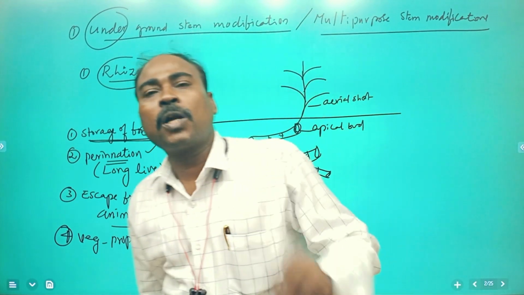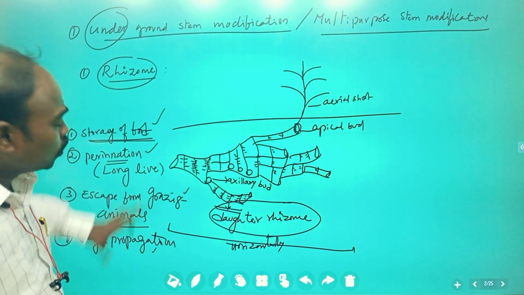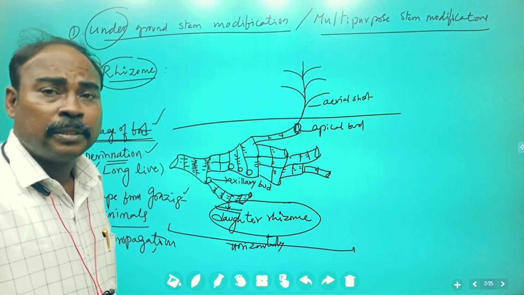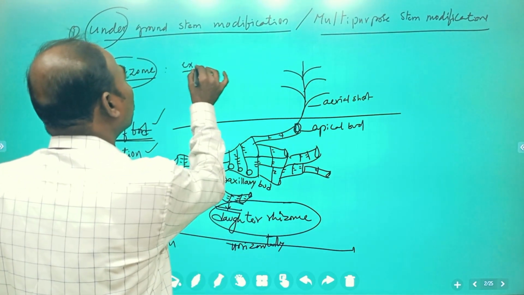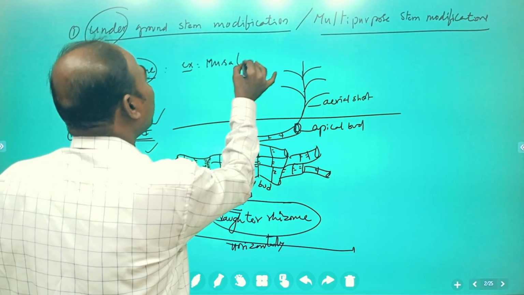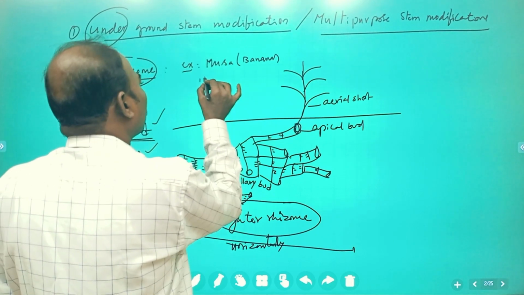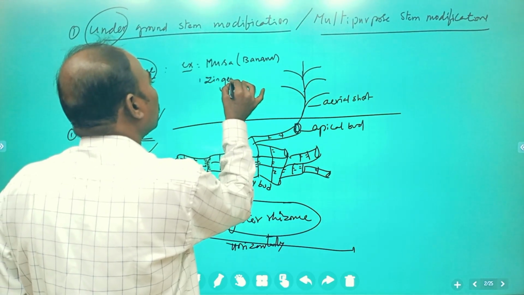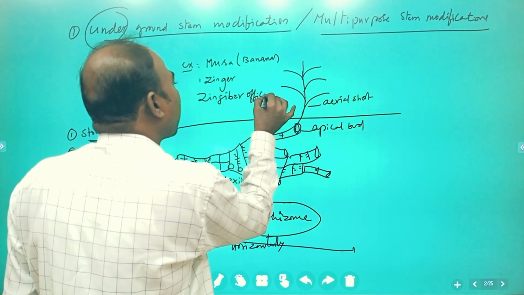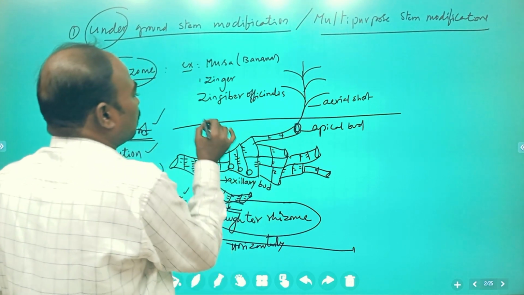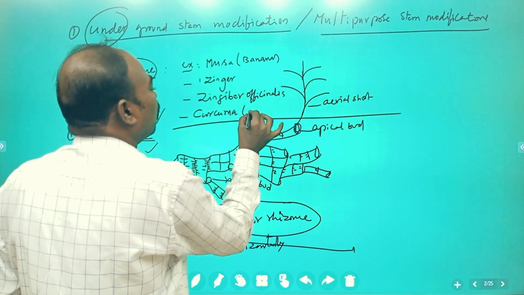Why? Because the underground stems do not perform only a single modified function; they exhibit several functions. So the horizontally growing underground stems are said to be what? Rhizomes. For example, Musa paradisiaca, banana, then Zingiber officinale, ginger, and then Curcuma, turmeric.